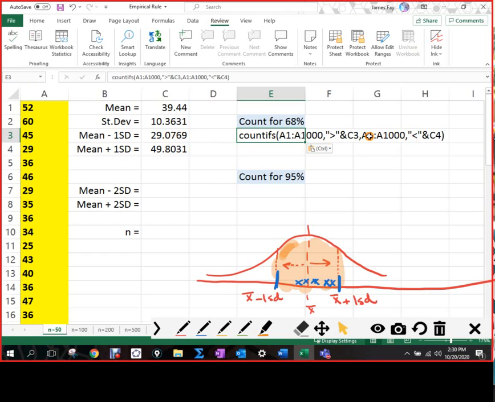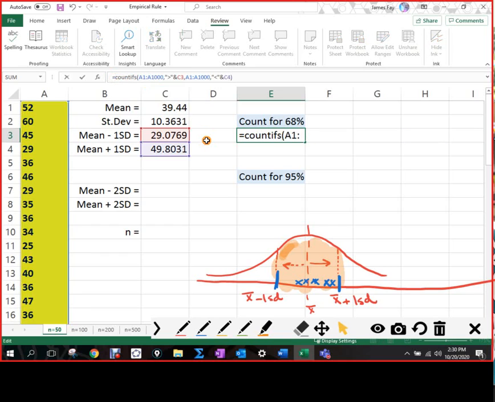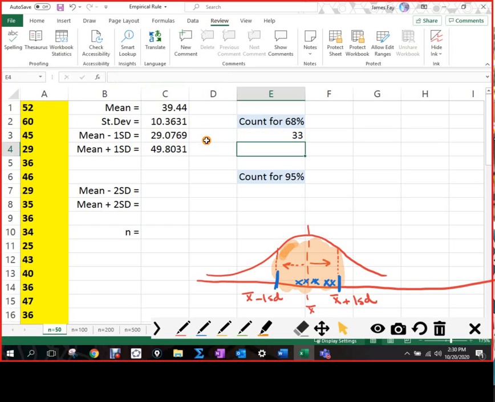And then looking through A1 through A1000, it looks for numbers that are smaller than C4. Well, C4 is this. So it's going to search through this column and start counting if the numbers are between that number and that number. Does that make sense? So when I turn it into a formula, by putting equals in front, it'll actually do that, and I get 33.